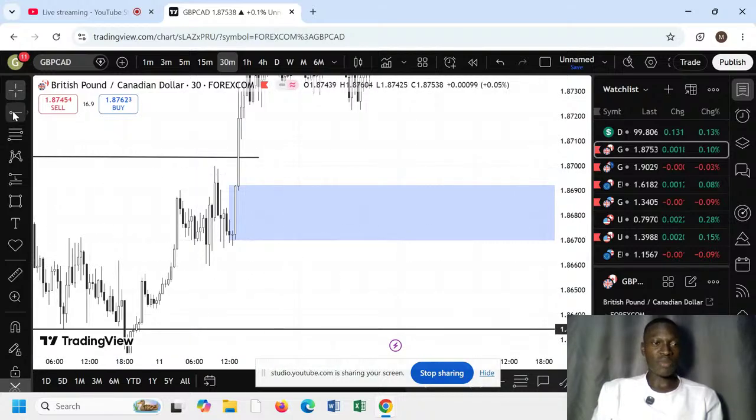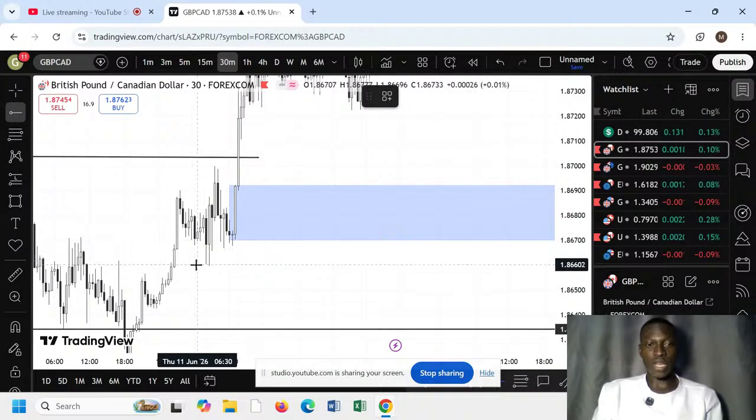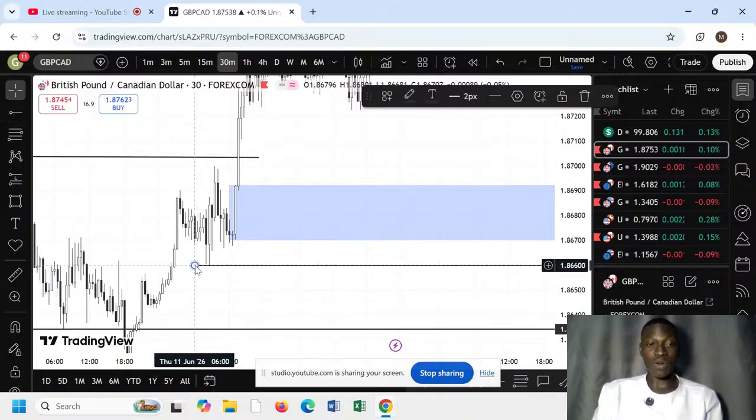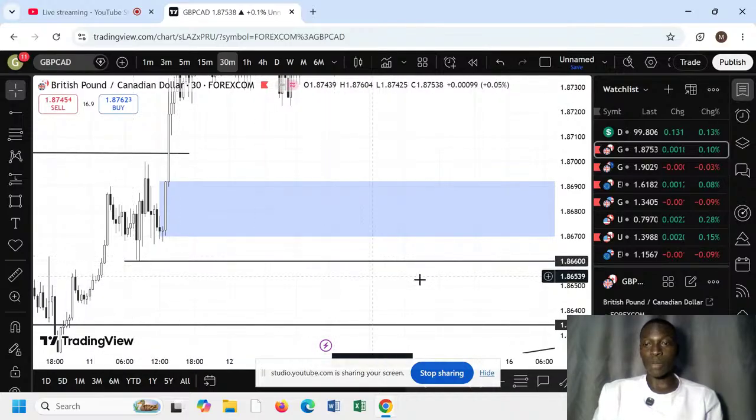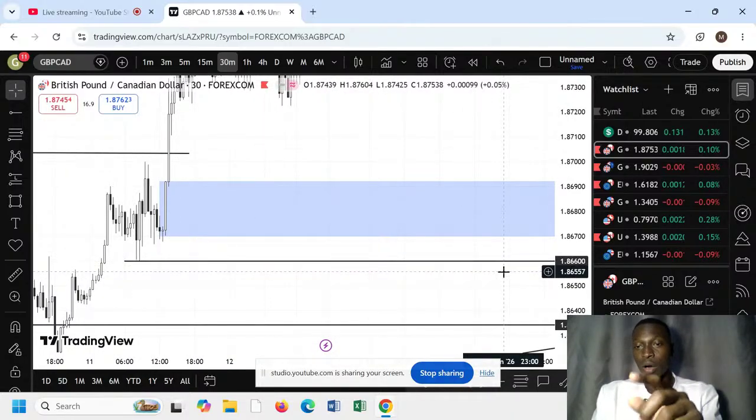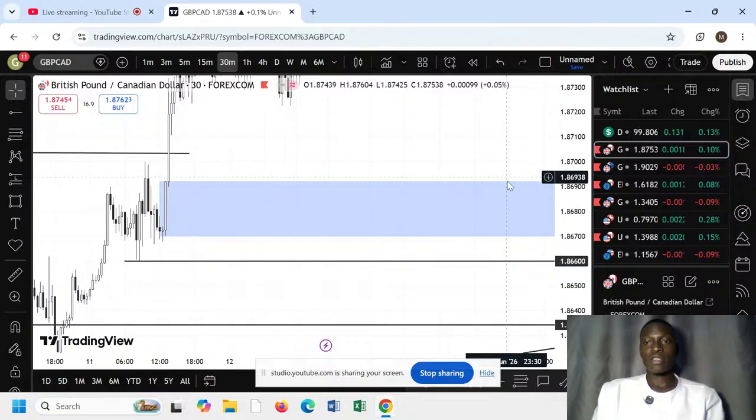If price takes me out and I have a chance to re-enter, I will enter another buy trade as long as my bias is still valid. So I'm going to put my stop loss below 1.86600.